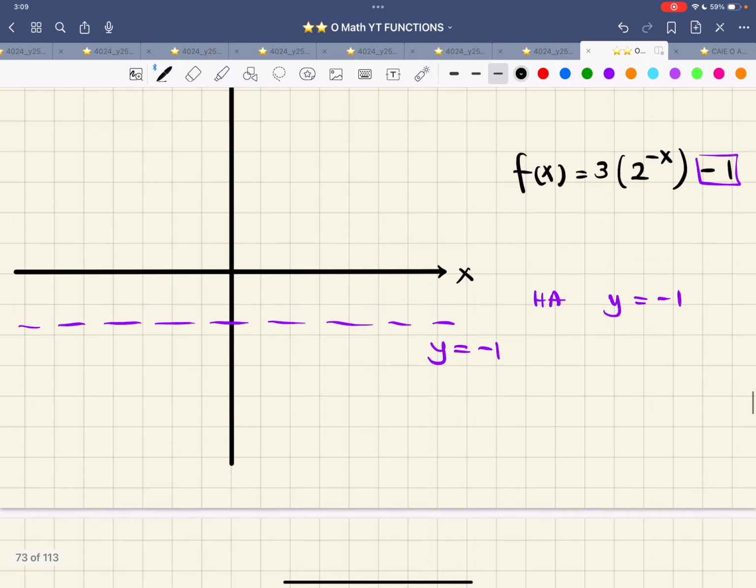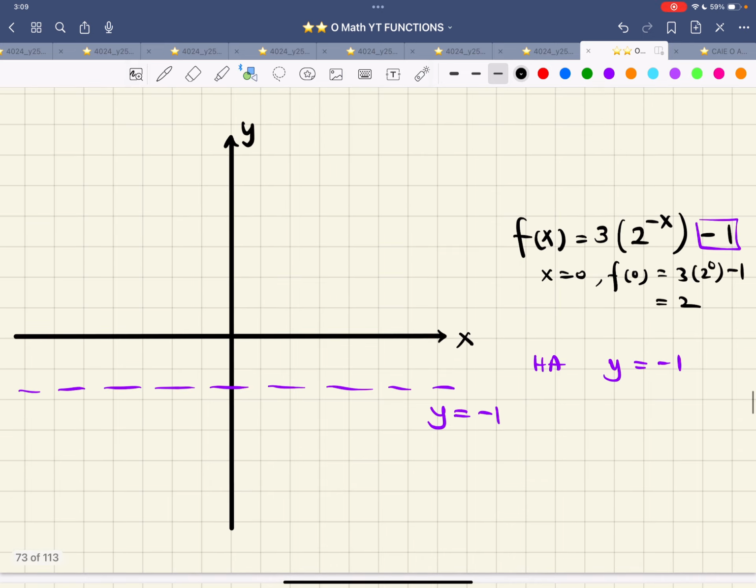And over here, when x is 0, f of 0 is 3 into 2 raised to power of 0 minus 1. 3 minus 1 is 2. So let me draw over here, that is 2. Okay, let me draw it a little bit up. So this is (0, 2).